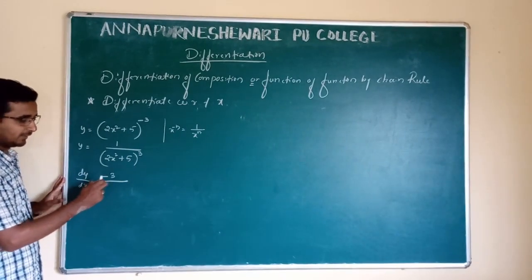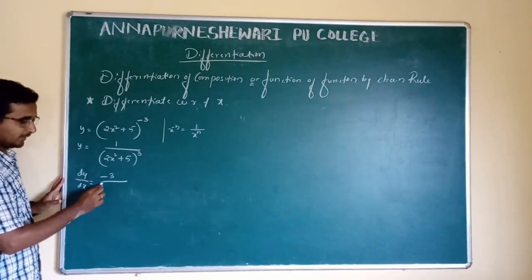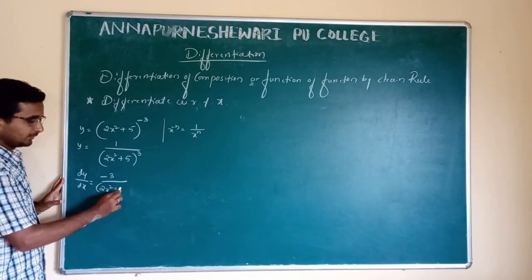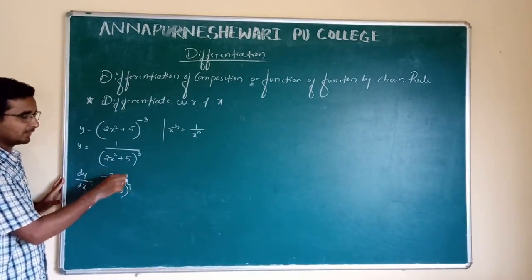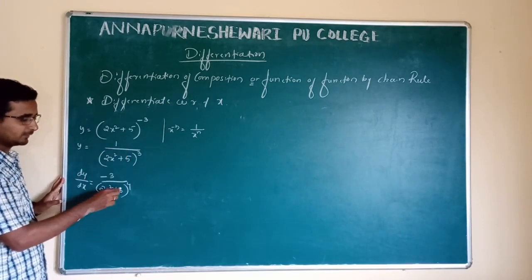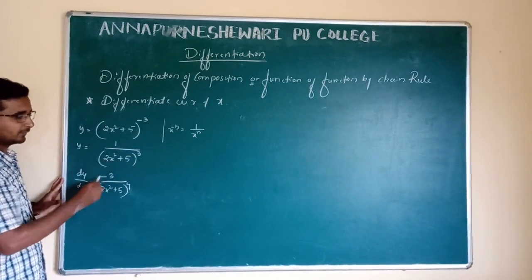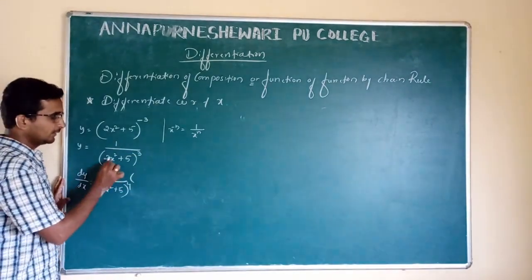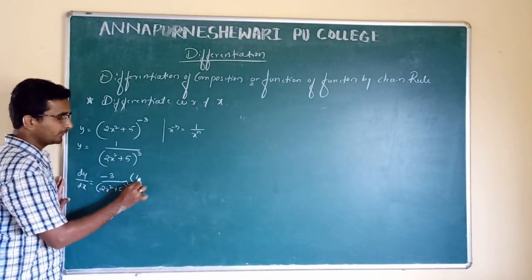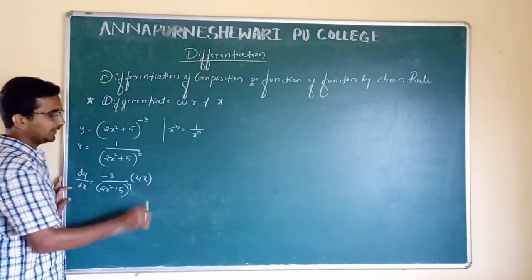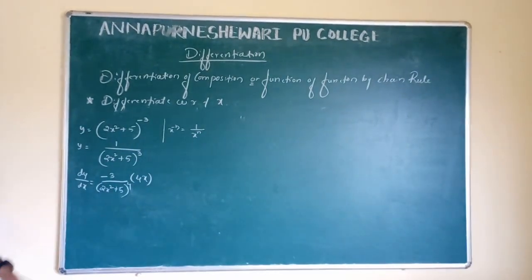That is minus 3 divided by 2x square plus 5 whole raised to 4. So its power is over. The differentiation of 2x square plus 5 is 4x, then plus 5 differentiation is 0. So this is how we have to take it whenever the power is negative. Got it? Okay.